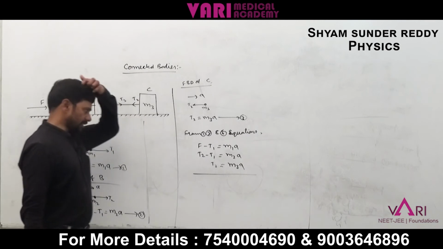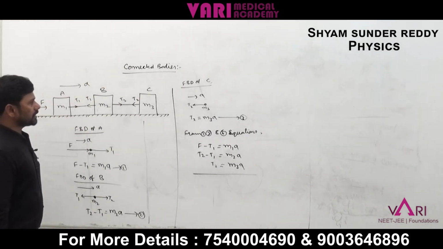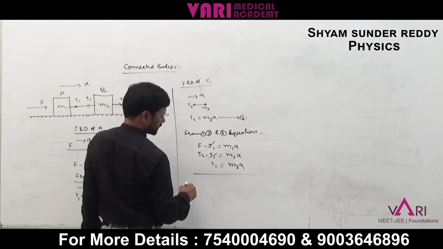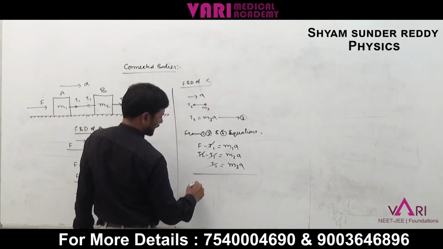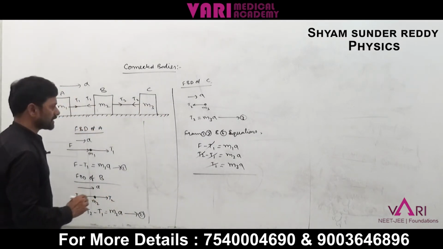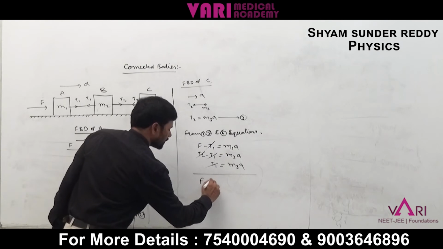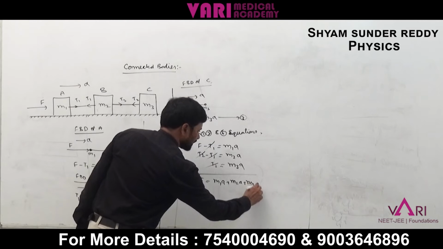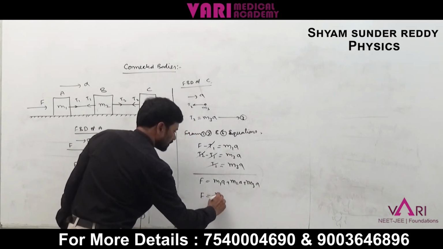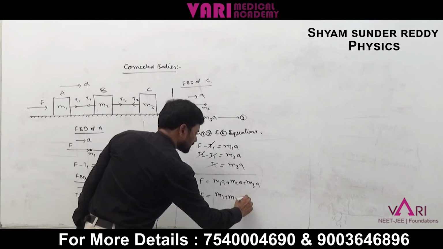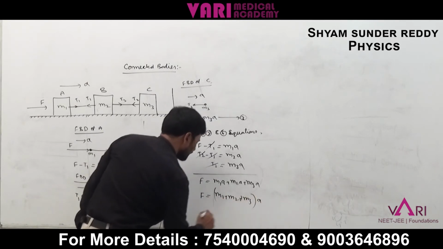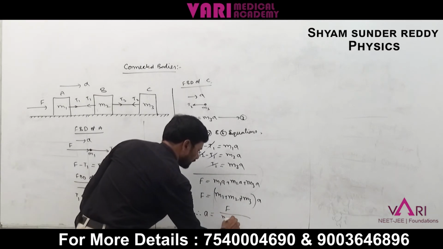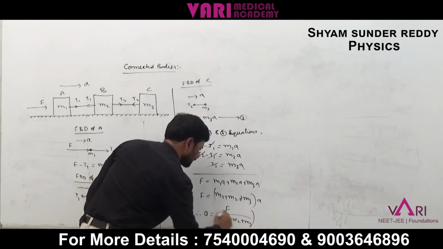T1 and T2 terms get cancelled, then we will get F is equal to M1A plus M2A plus M3A. So F is equal to M1 plus M2 plus M3 into A. Therefore, A is equal to F by M1 plus M2 plus M3.